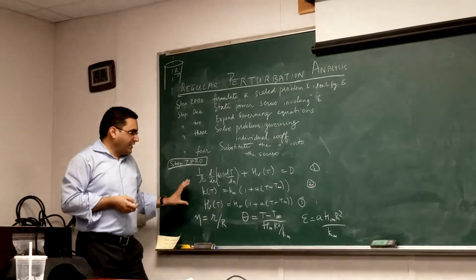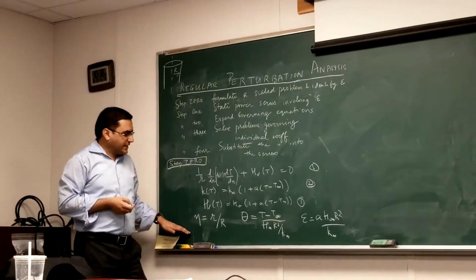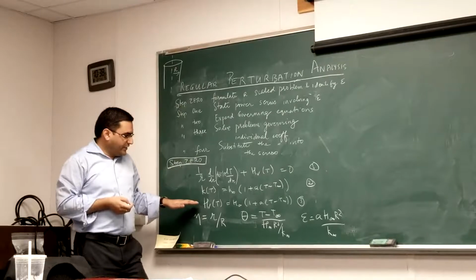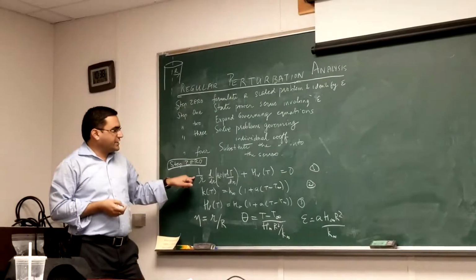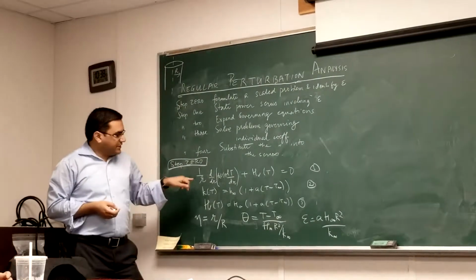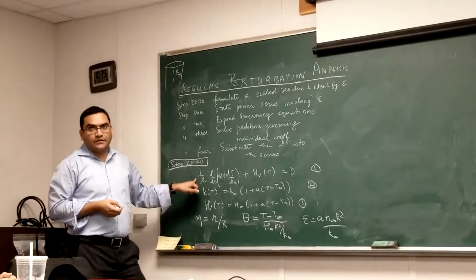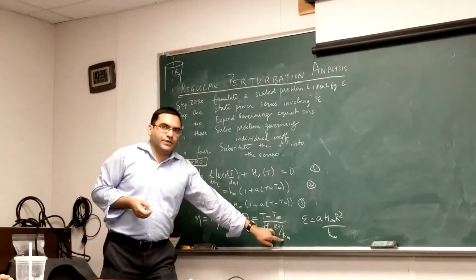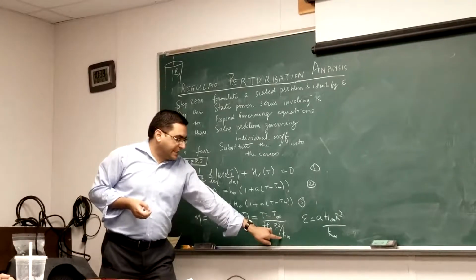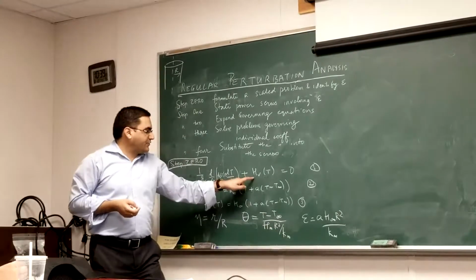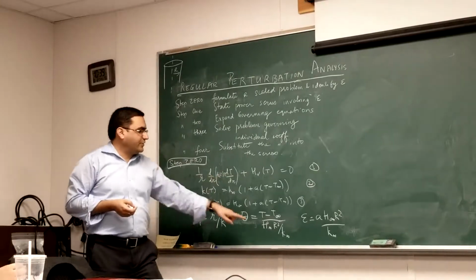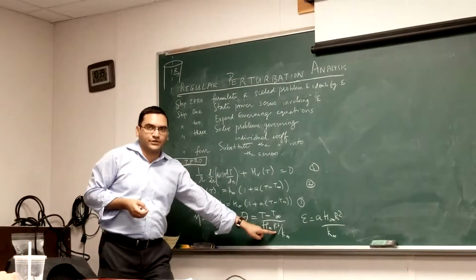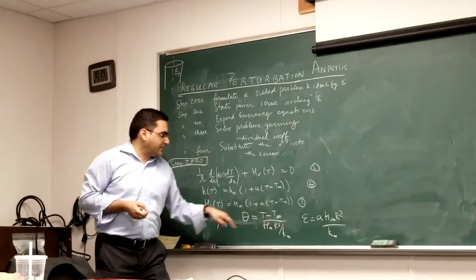But assuming all the assumptions are correct, then we saw yesterday that from this equation we can estimate what our temperature scale is going to be. That temperature scale turned out to be this quantity divided by this quantity, and then you have to take care of all the length scales, so it becomes temperature.